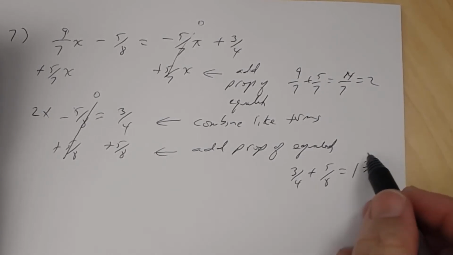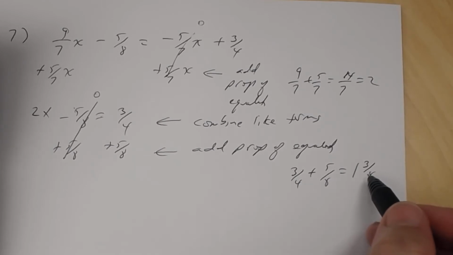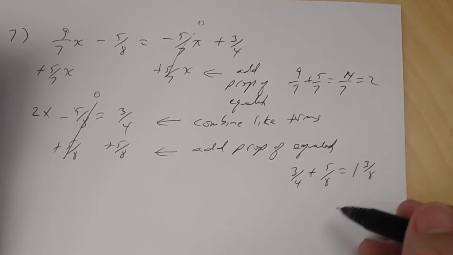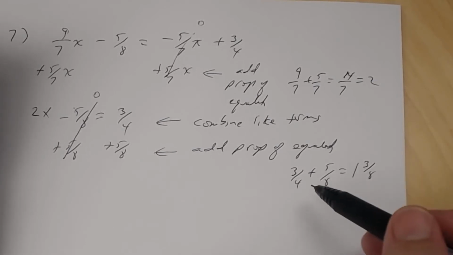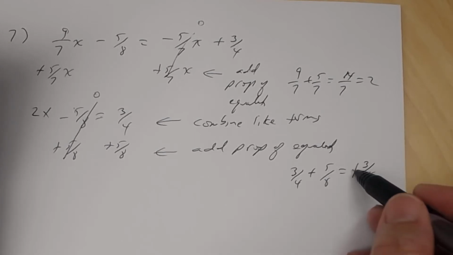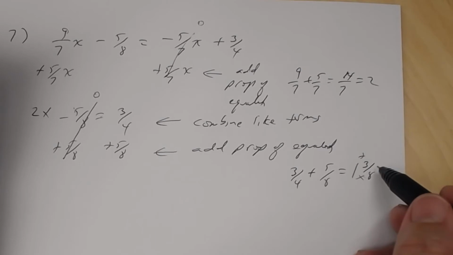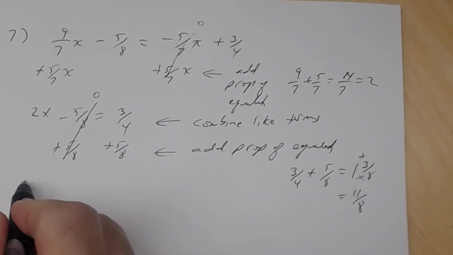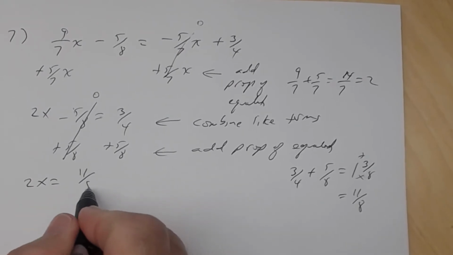So you have to convert this mixed number back to an improper fraction. Now, technically, you can leave it as 1 and 3/8, but we prefer that you leave it as an improper fraction. So 8 times 1 is 8, and 8 plus 3 is 11. So this is 11/8. So that's what you want to write here. So you get 2x equals 11/8.